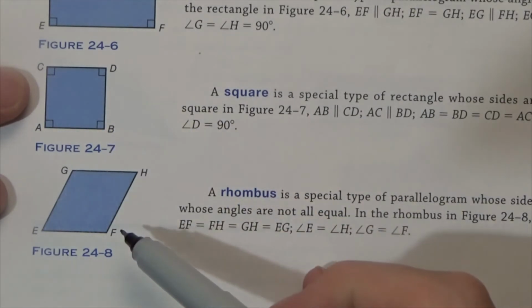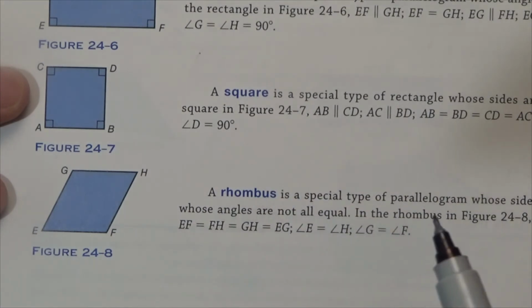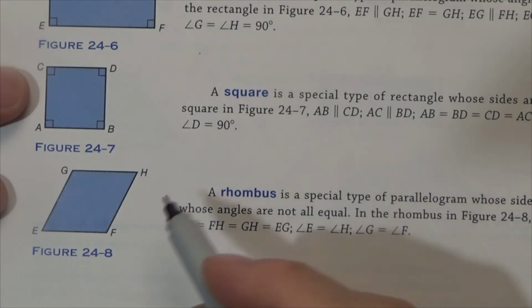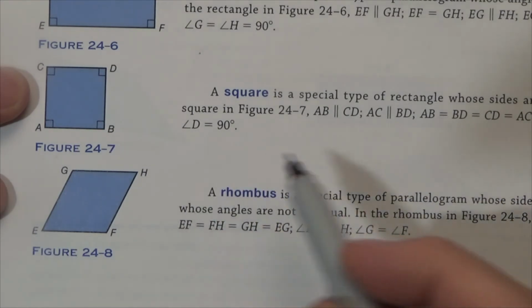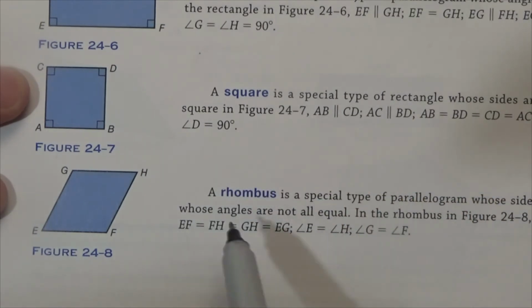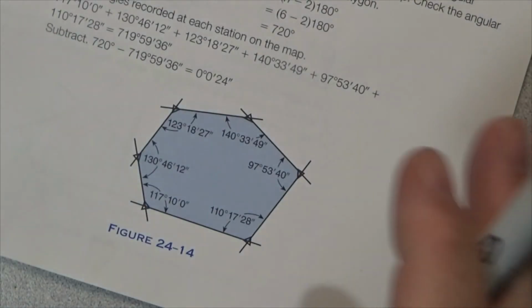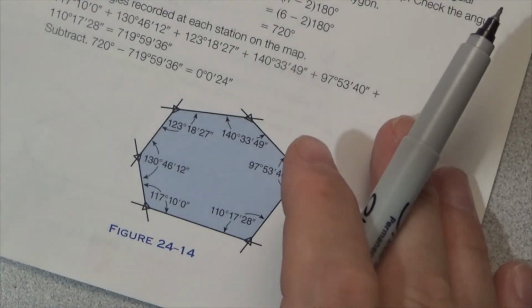In a rhombus, the angles are not 90. Okay? Or not equal. They're not all equal to each other. I think that's the exact definition they give you. But whose angles are not all equal. So that is a rhombus. A rhombus and a square have some similar properties, but there's definitely some differences there.